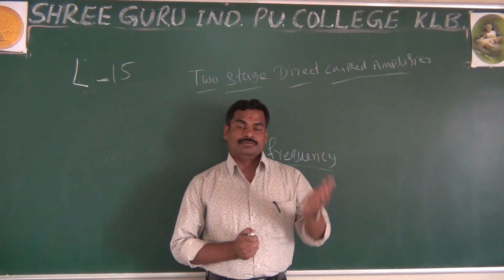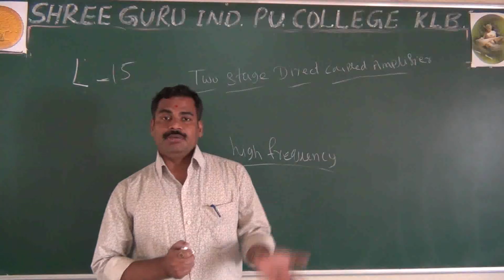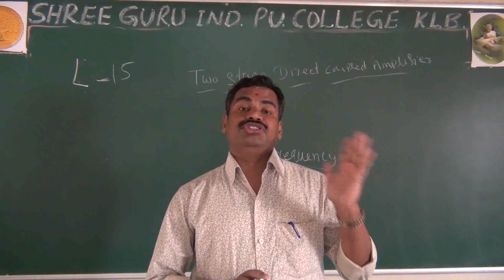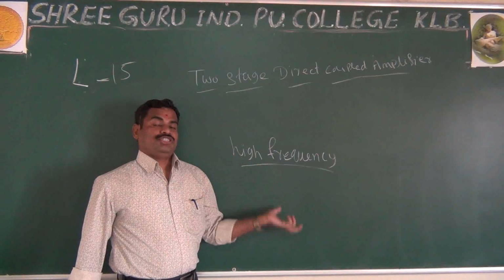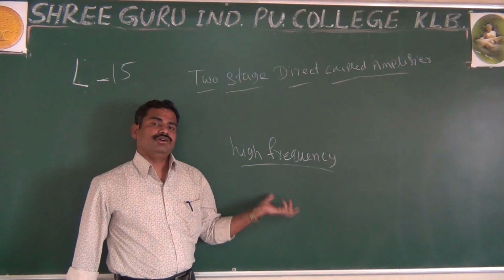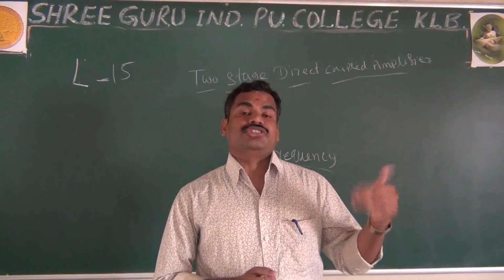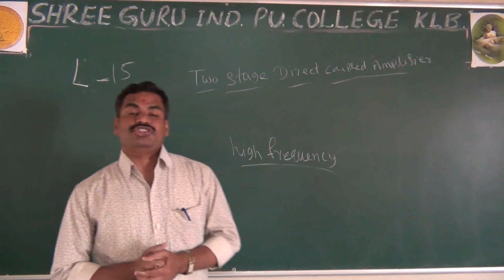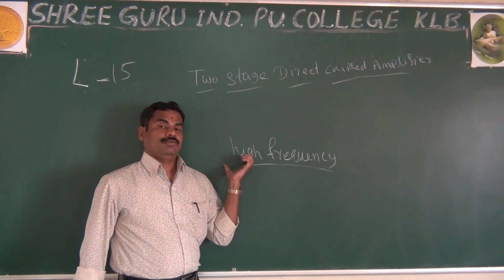It means if the temperature varies, the Q point may shift. The Q point is not stable for the direct coupled amplifier. That is also one disadvantage.